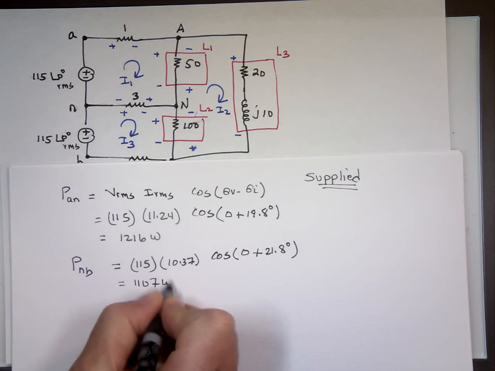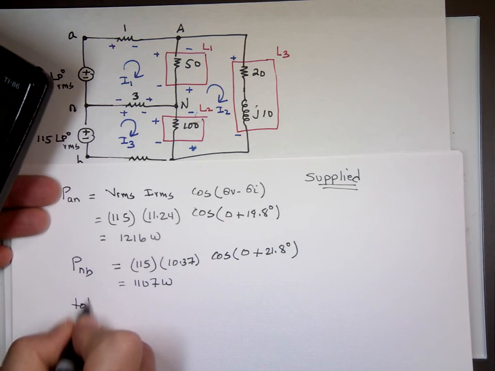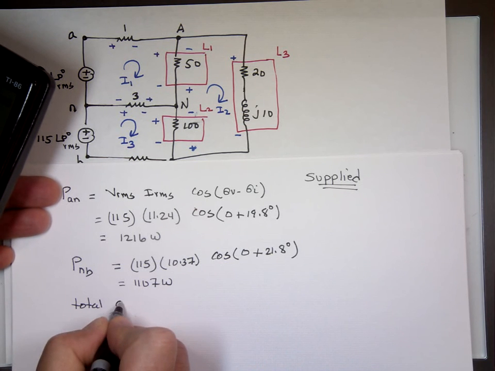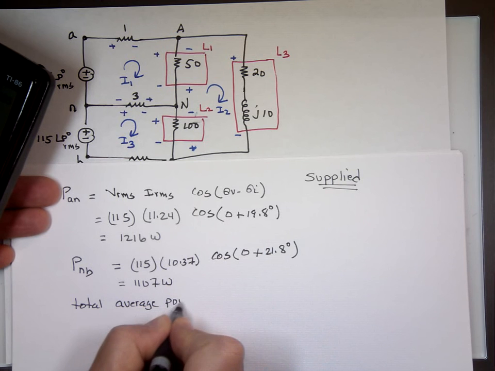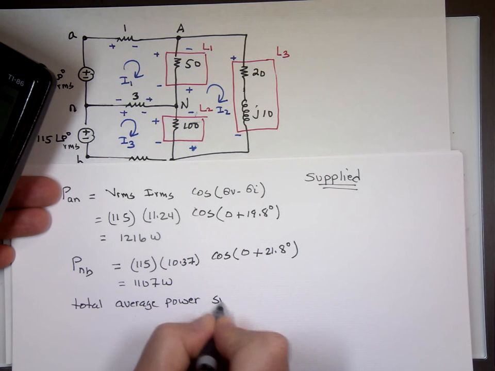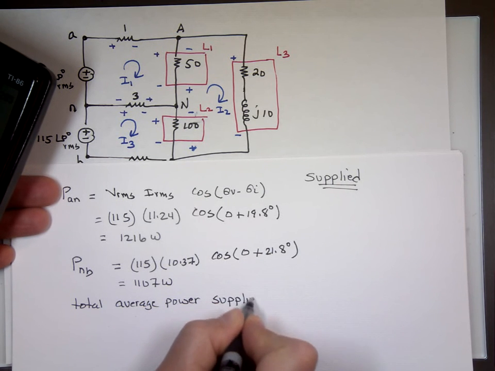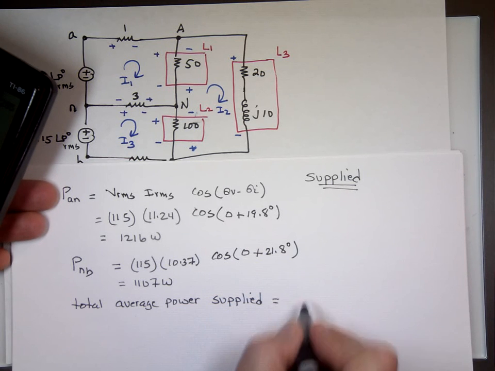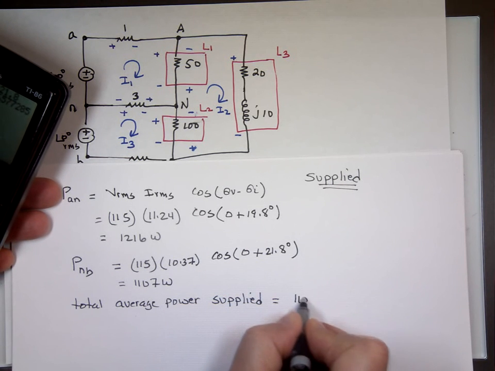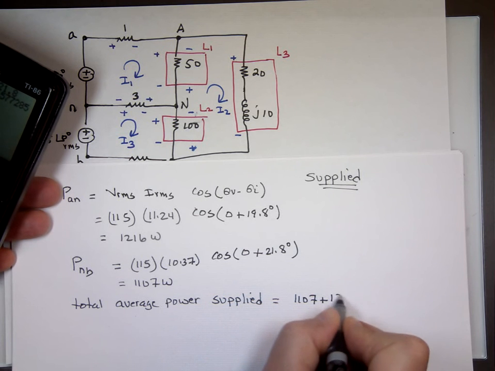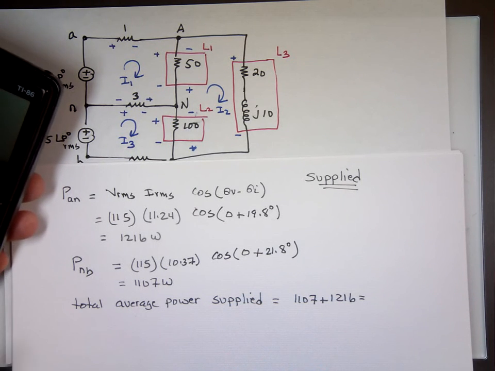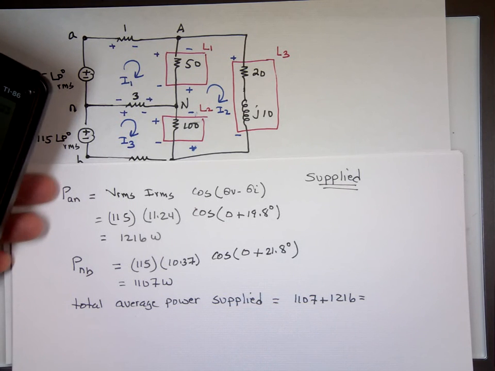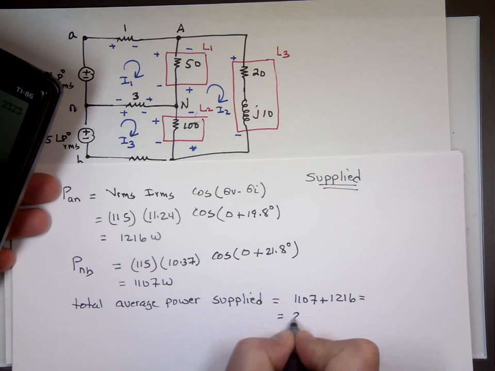What is the total power supplied? Which is 1107 plus 1216. 1216 plus 1107, and that is 2,323.